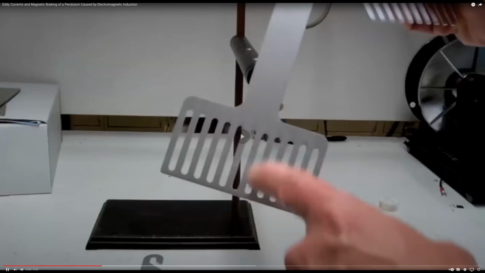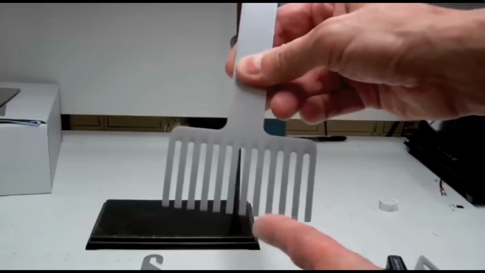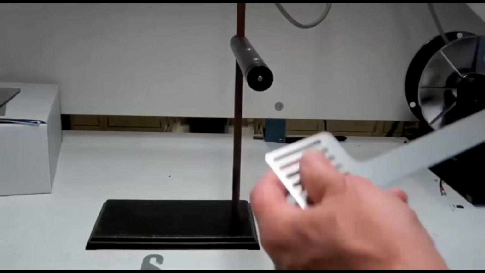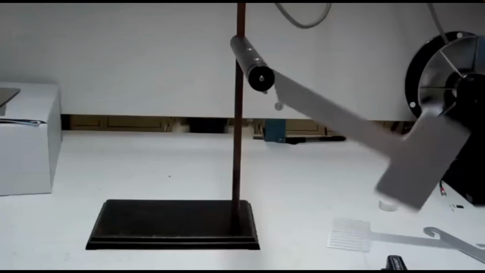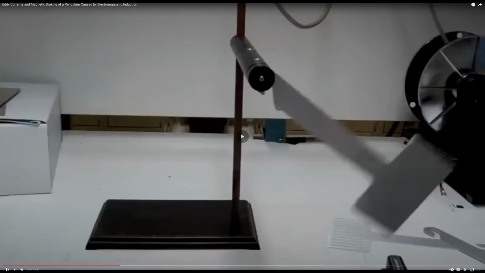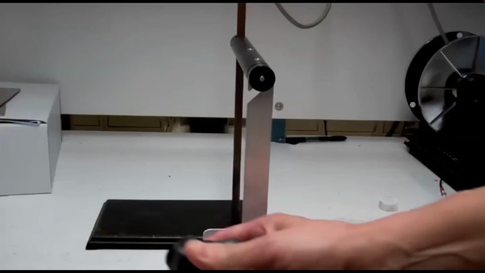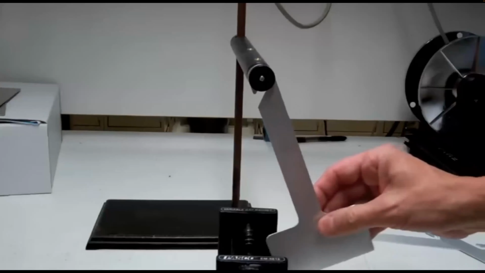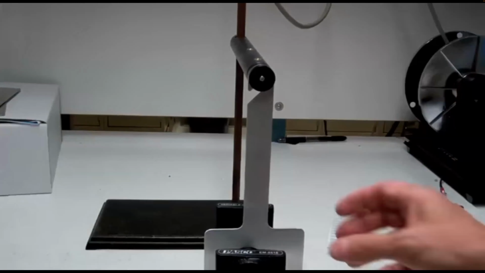See what will happen. If it was only gravity, it is going to oscillate like this. Now this one through the magnetic field.